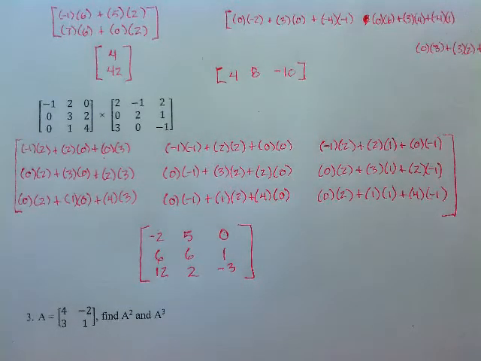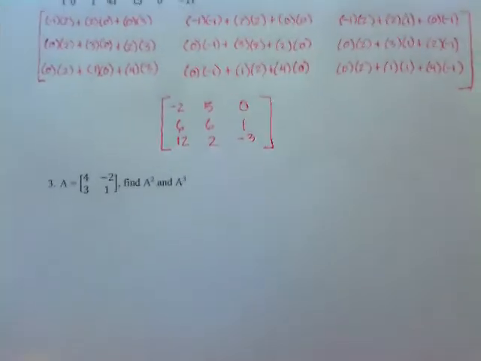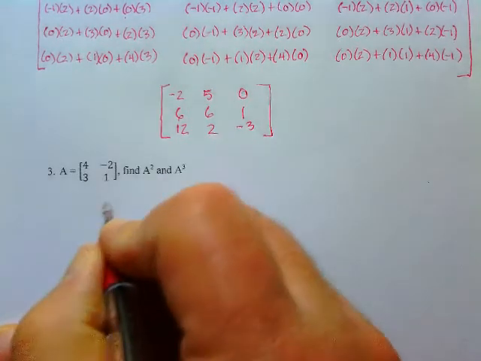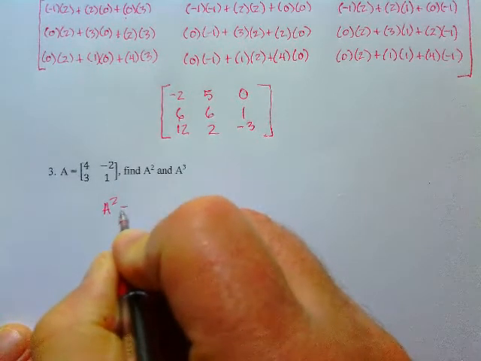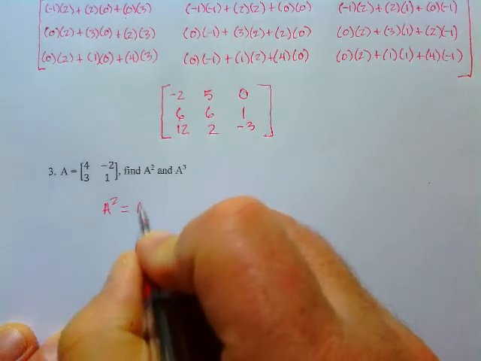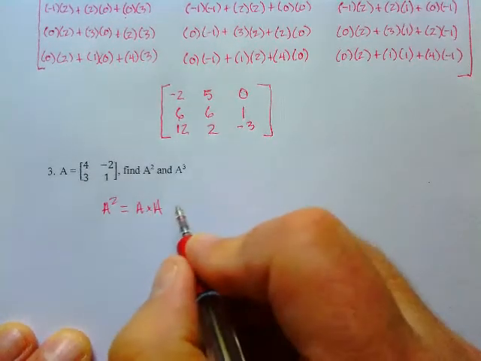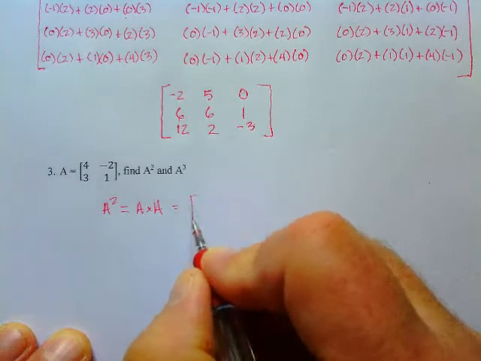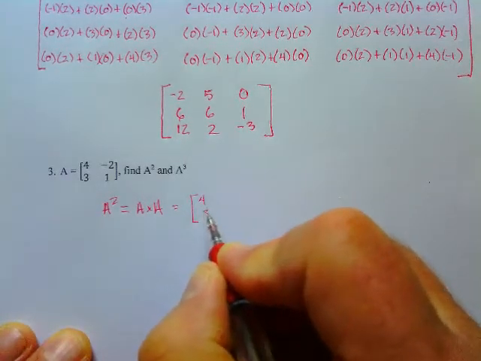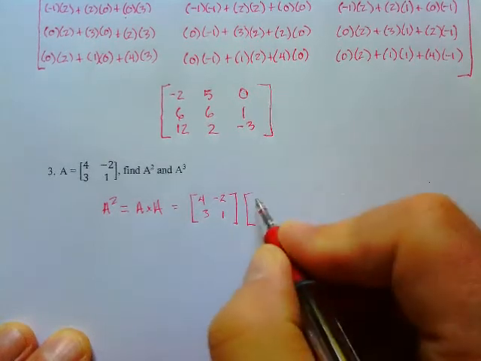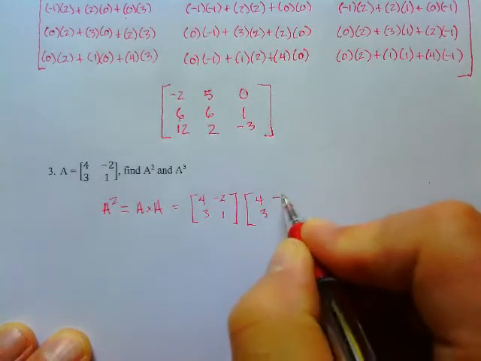Alright, finally, given that A is 4, 3, negative 2, 1, find A squared and A cubed. So, first off, A squared is going to be A times A. So, that's going to equal 4, 3, negative 2, 1 times 4, 3, negative 2, 1.